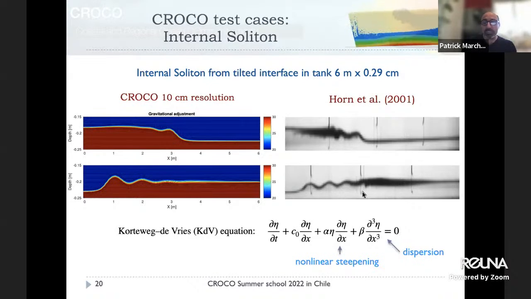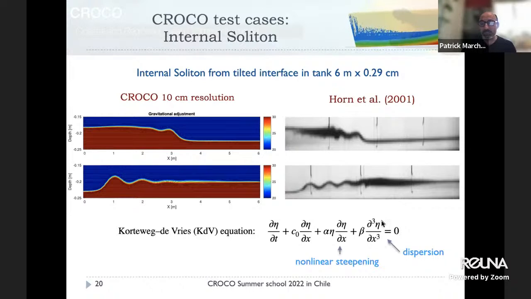And what we have besides the laboratory experiment is the equation of Korteweg–de Vries, that is the KdV equation that maybe some of you know. The KdV equation expresses two things. So there's a propagation, and the propagation is altered by two terms. One is a nonlinear term, and one is a dispersive term.